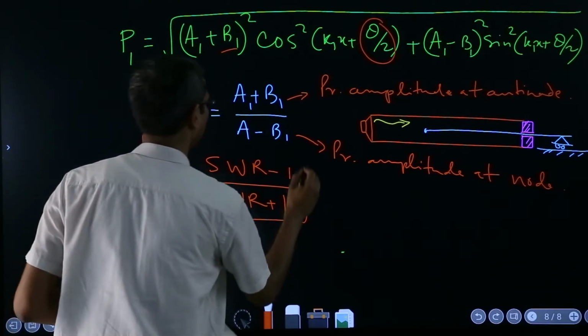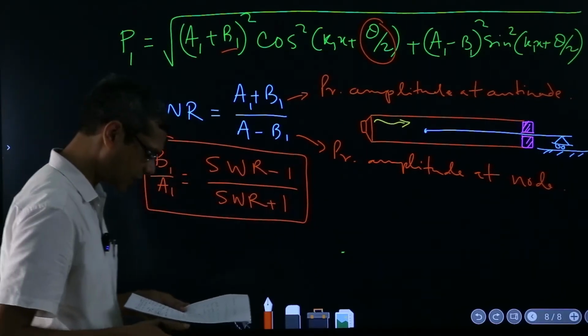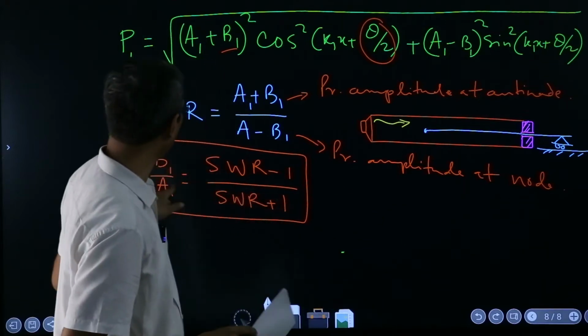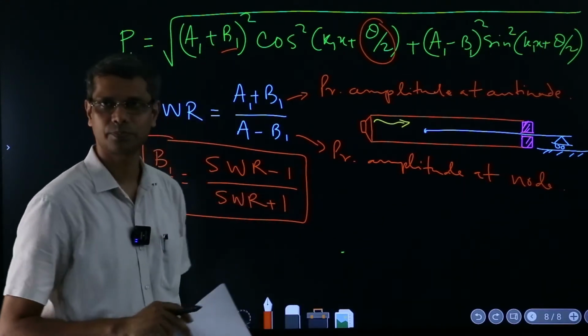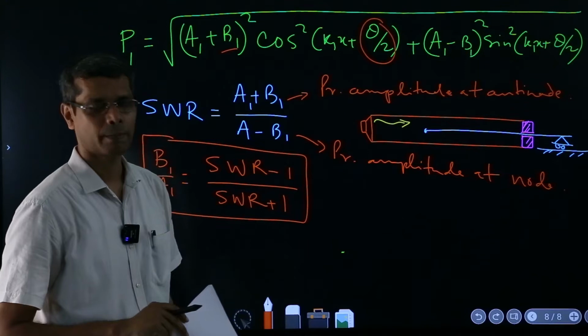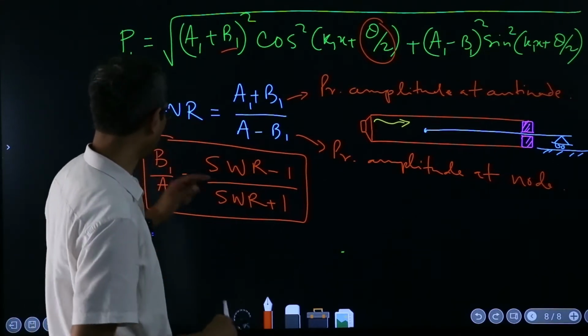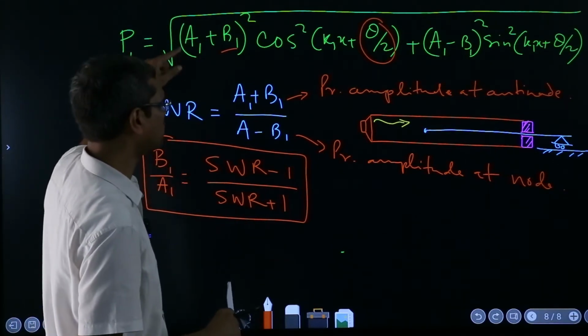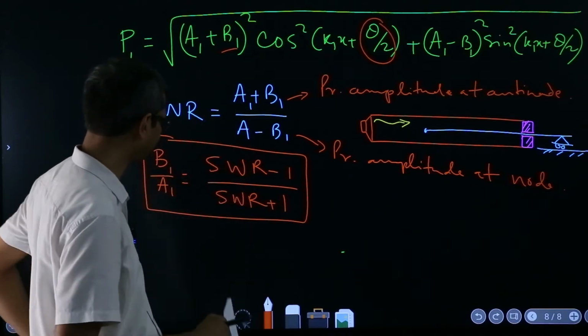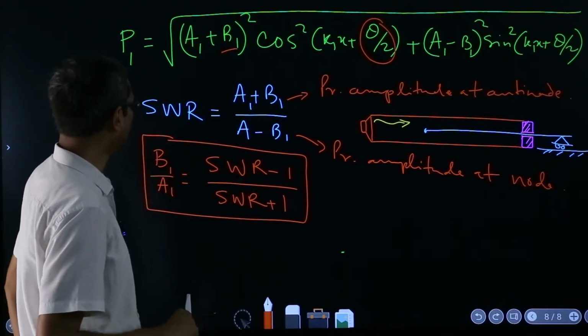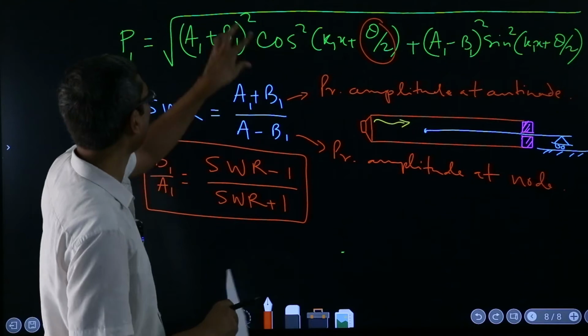So this is the ratio which you can get, and knowing A1 you can calculate B1. As I said, A1 was the input, so it's known to us. Fine, so one part is done.